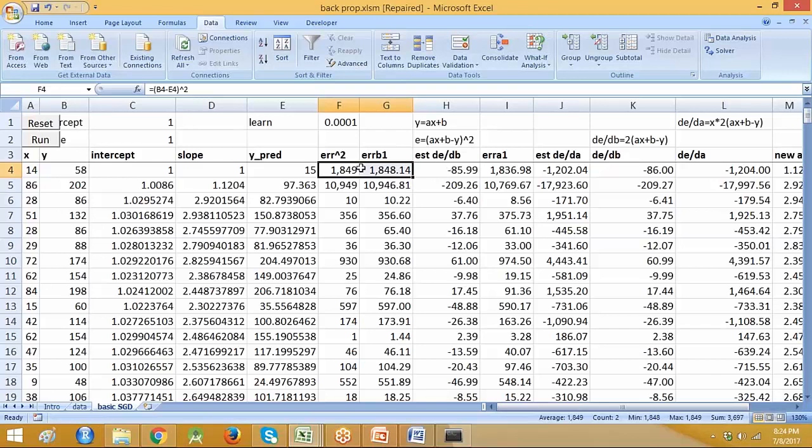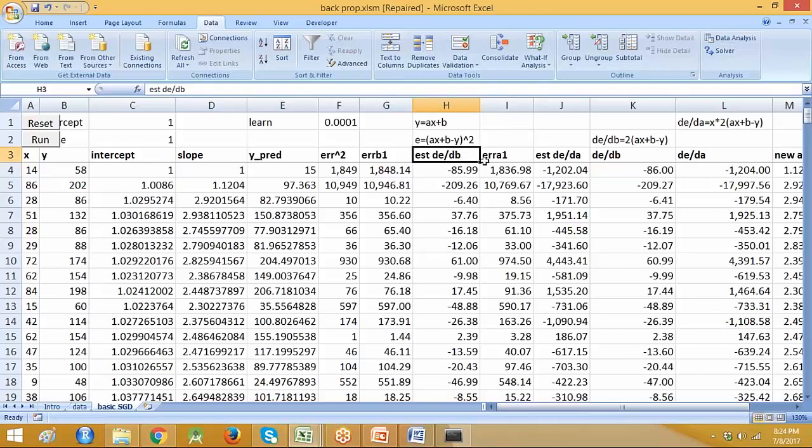So that's what we are calculating here, which is G4 minus F4 divided by 0.01. Any guesses why we're dividing by 0.01? Or even before that, any guesses what this column means?